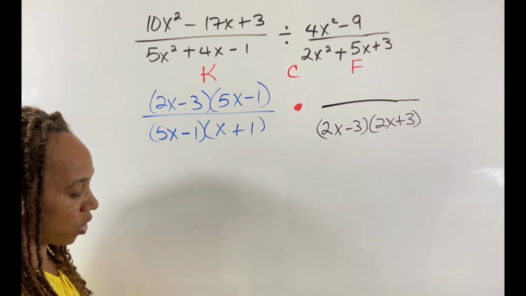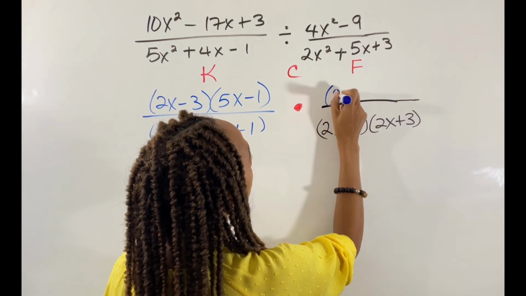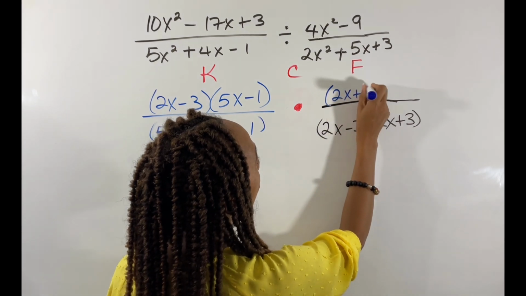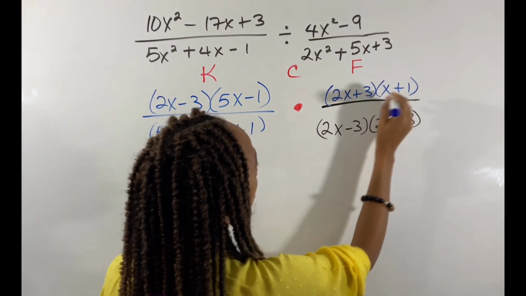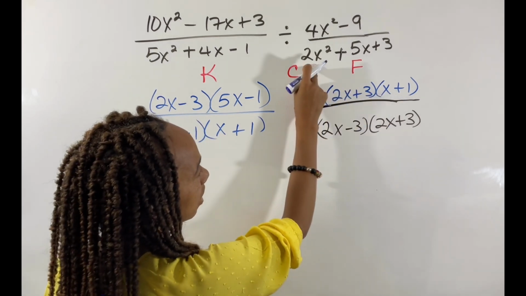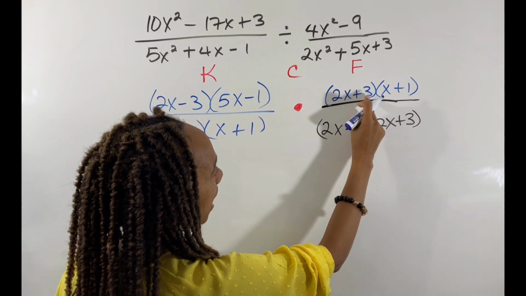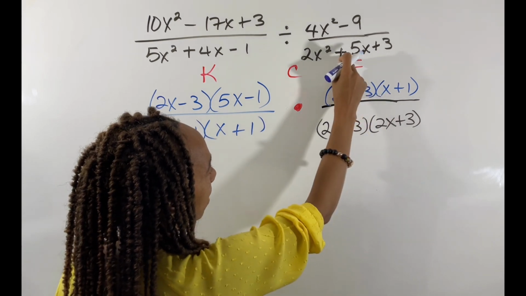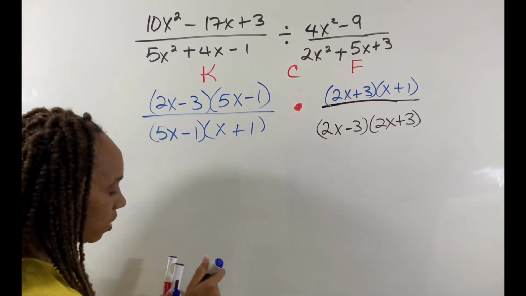For that quadratic, you are going to end up with 2x plus 3 and x plus 1. And you can test it. 2x times x is 2x squared, and 2x times 1 is 2x, and this would be 3x, so that's 5x in the middle, and then 3 times 1 would be 3. So that's what you have.